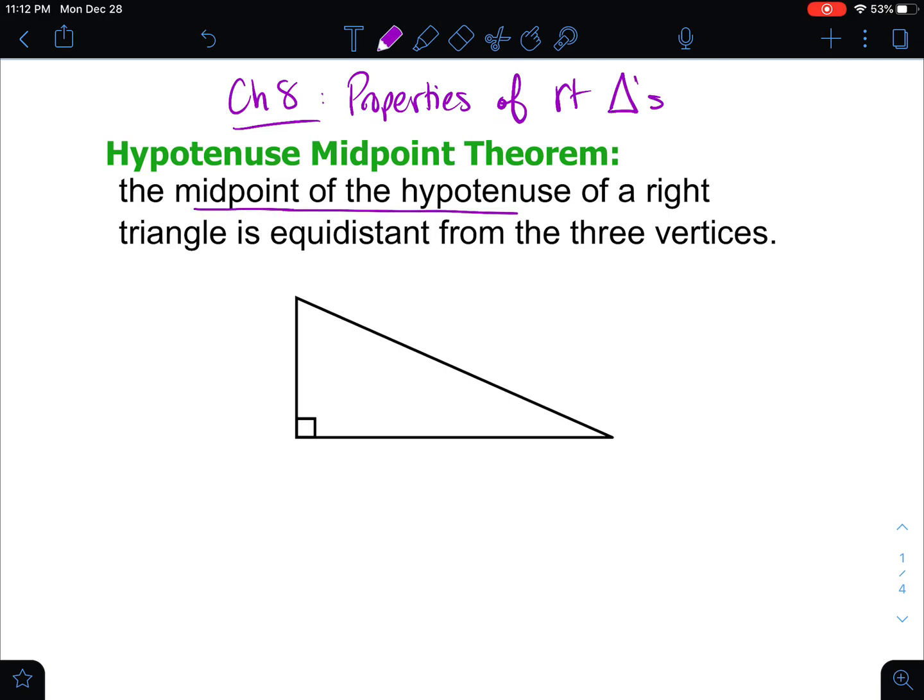This is the hypotenuse midpoint theorem, which says the midpoint of the hypotenuse of a right triangle is equidistant from the three vertices.